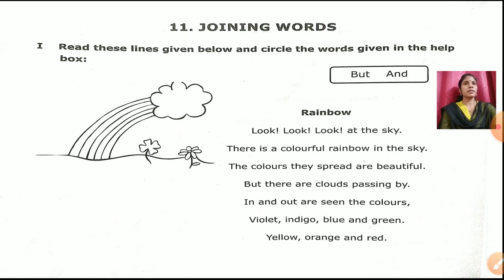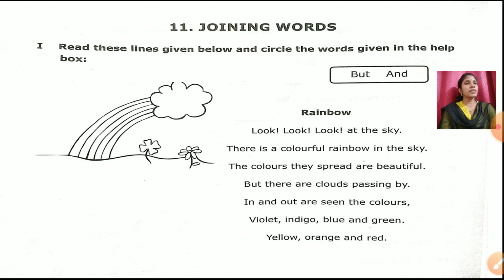Now let us do the activity which is given in your grammar book. On the top you will write today's date. Let us start with the activity now. Read these lines given below and circle the words given in the help box.